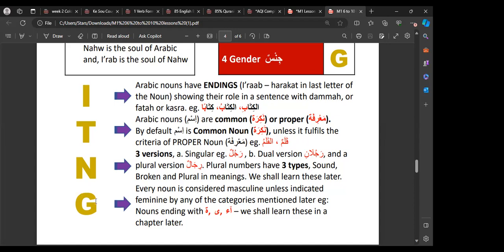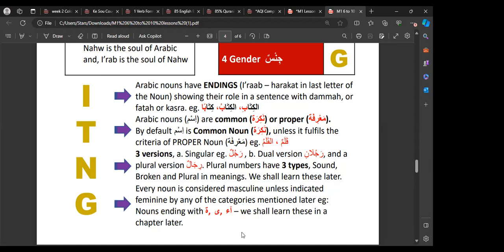Then we have G, which stands for gender. Again, we said that all nouns are either masculine or feminine. The baseline is that every noun is considered masculine unless there's some sign that it's feminine. We'll go into what all of those signs are later on in more detail, for example nouns ending with a ta marbuta, an alif maksura, or a hamza.